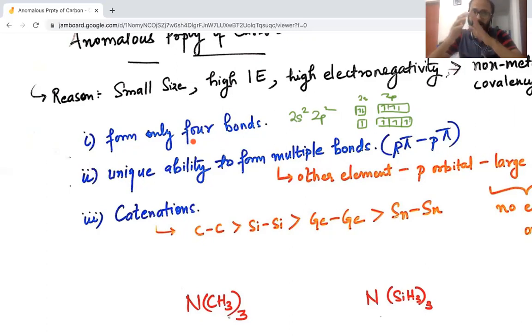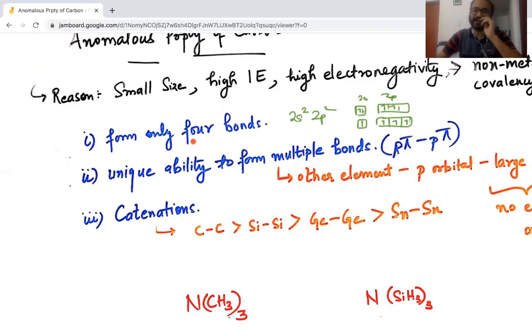Similarly, carbon can also form higher coordination numbers, but those are not the usual two-center two-electron bonds; they are multi-center electron bonds, and they are electron deficient in nature. So you might see a higher coordination number than four, but those are not the usual thing we are talking about for covalent compounds.